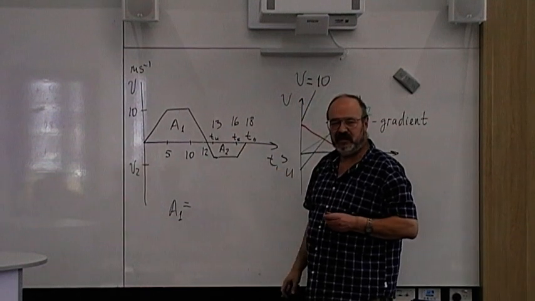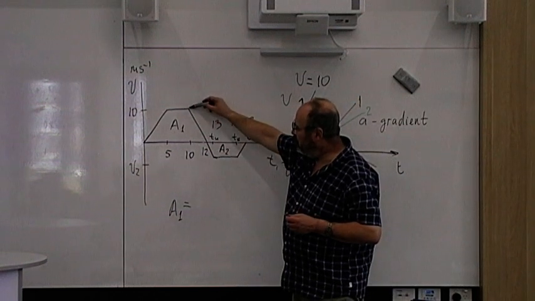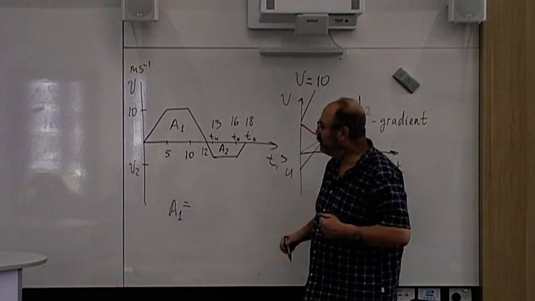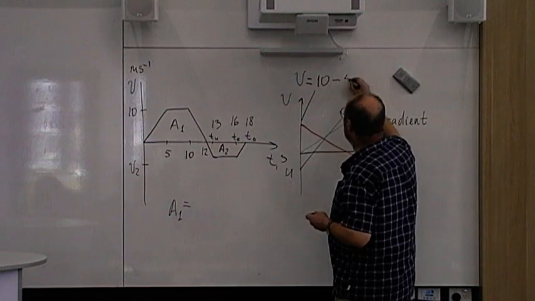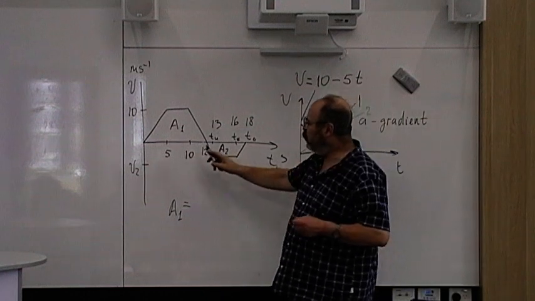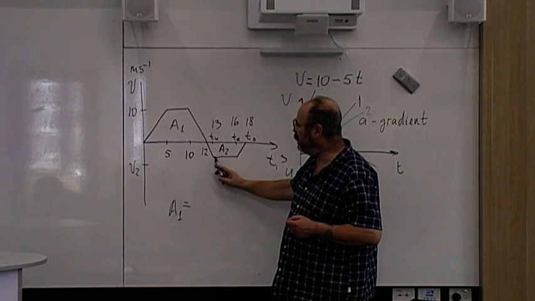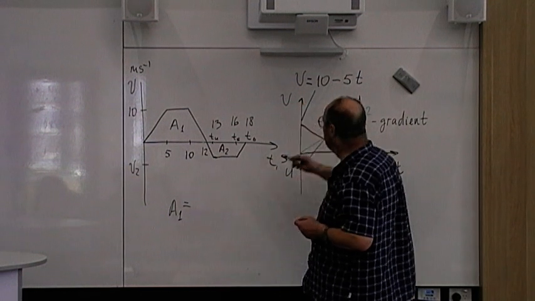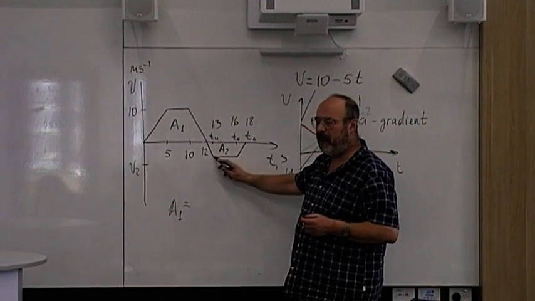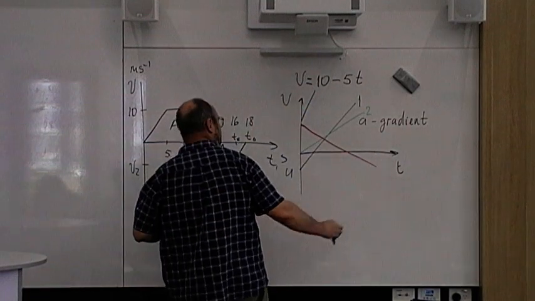Yes, the rise is negative 10 over 2, so negative 5. So we have 10 minus 5t, and from this point, for 1 second it's moving in the negative direction. What will be its velocity here? Negative 5.